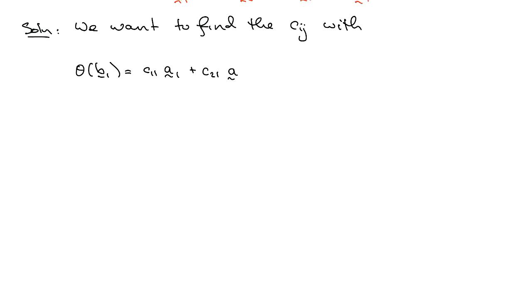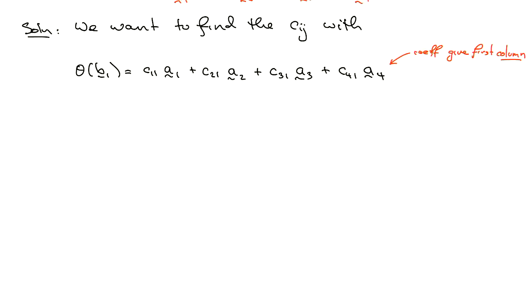So that's why it looks a little bit transposed somehow. The coefficients here give the first column of our matrix representation.